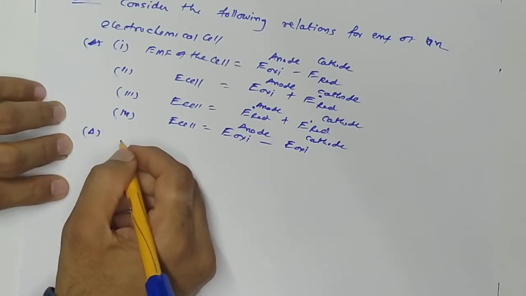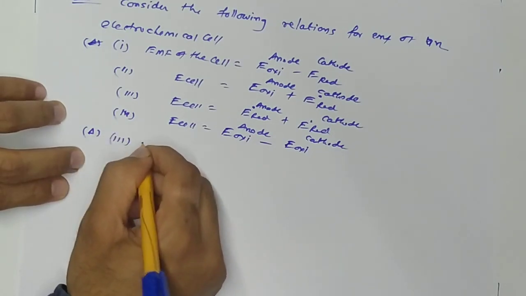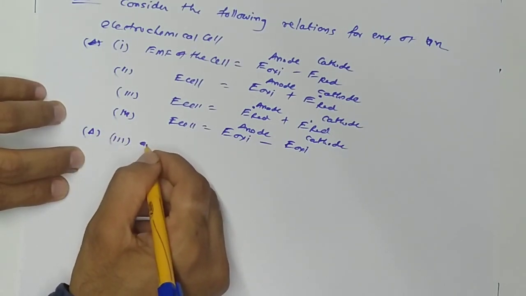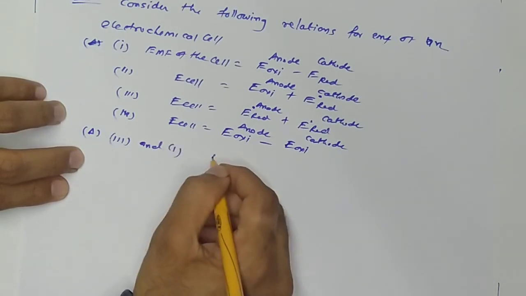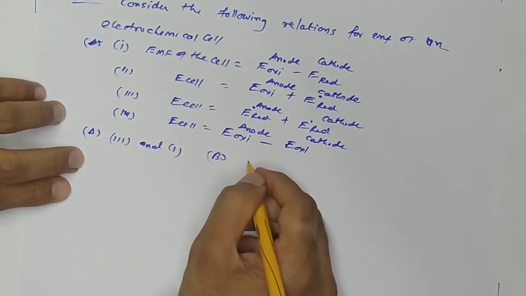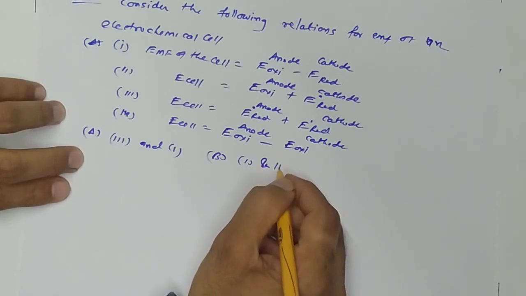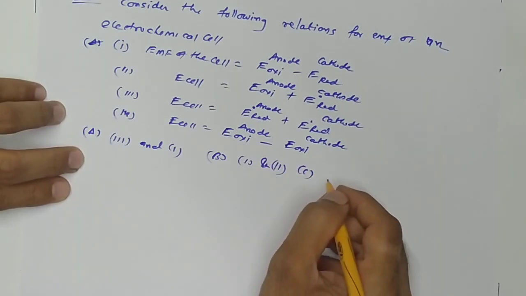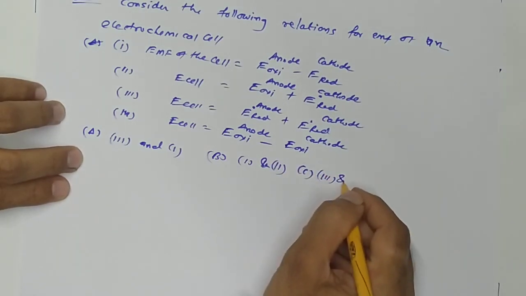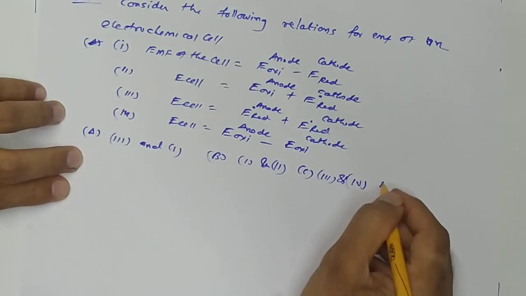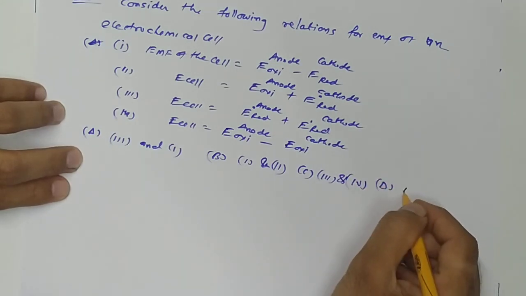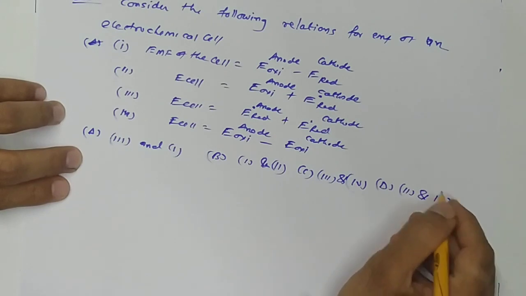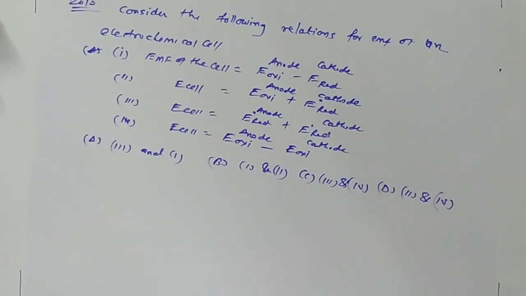Now the options: 3 and 1 are true, 1 and 2 are true, 3 and 4 are true, or 2 and 4 are true. Think about it.